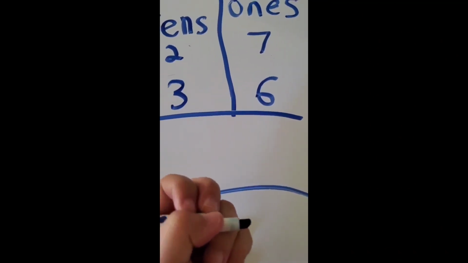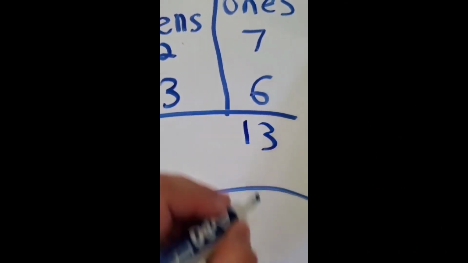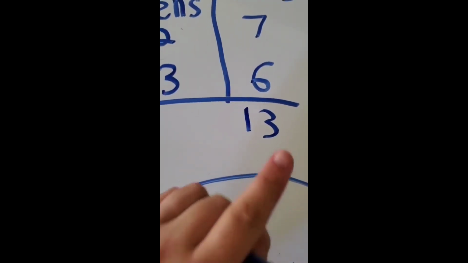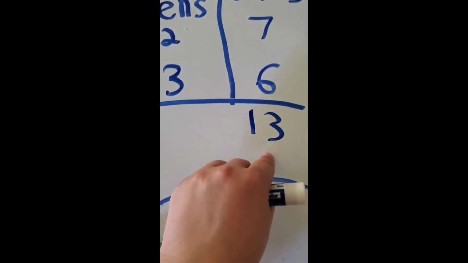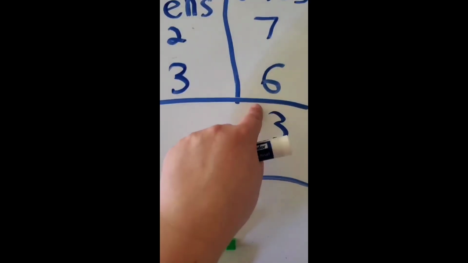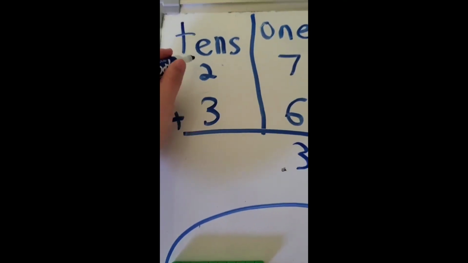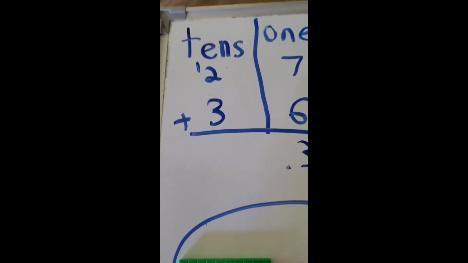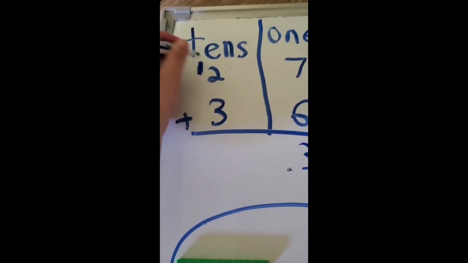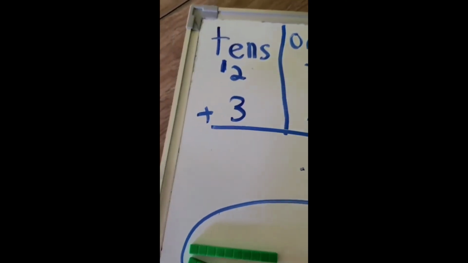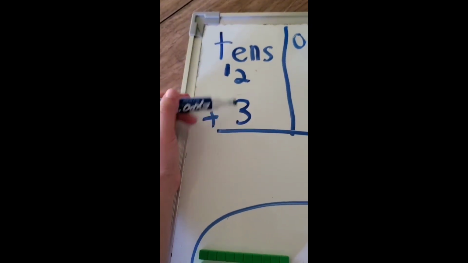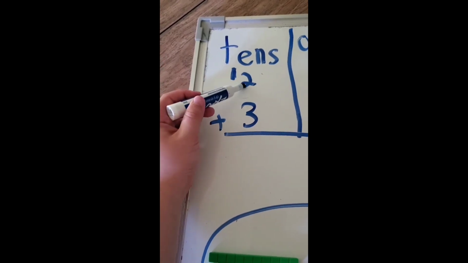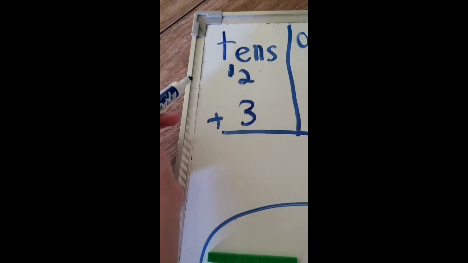But we can't write 13 down here. What we are going to do is we're going to just write the 3, and we're going to put the 1 over here because 13, the 1 is in the tens place. So let's add up these numbers. So we have 3, 4, 5, 6.